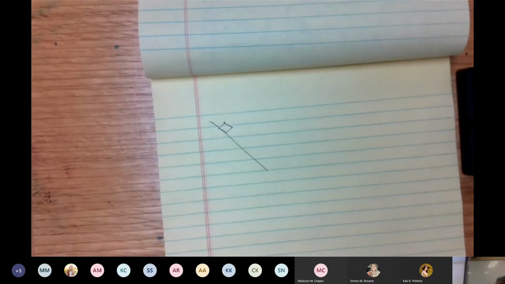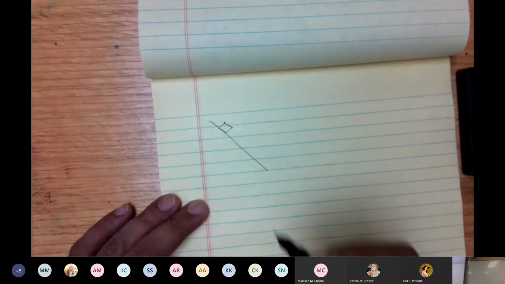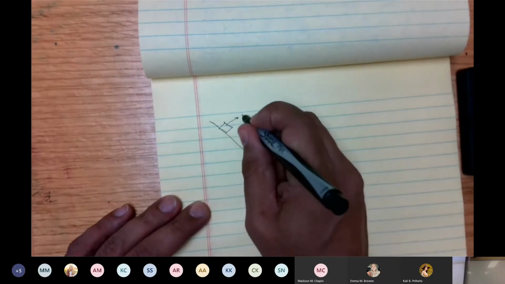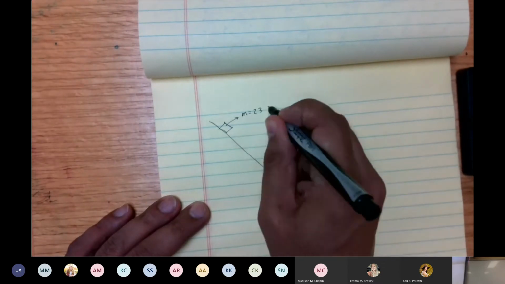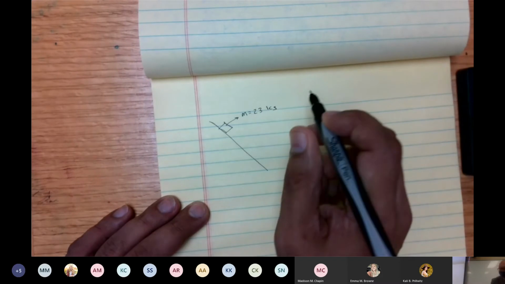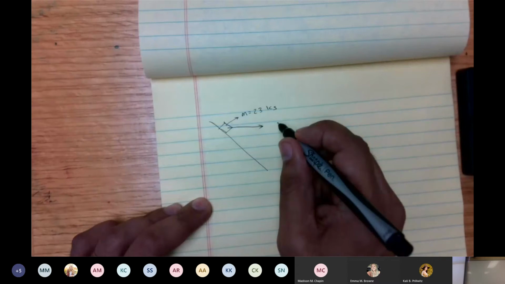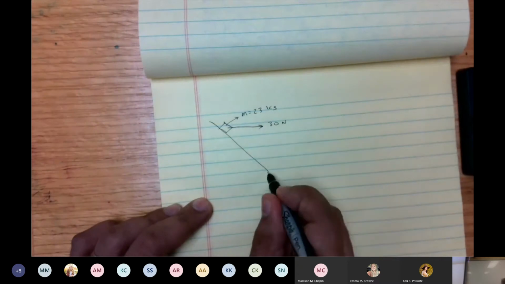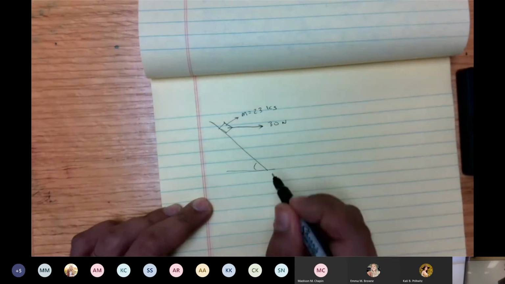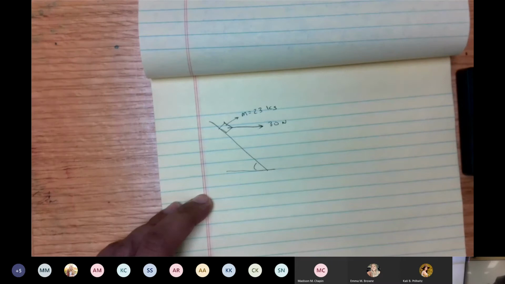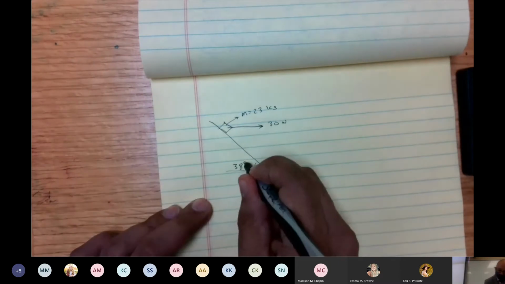So the kid has a mass of 23 kilograms. There's a force here of 30 newtons. This angle over here is 38 degrees. Let me see.